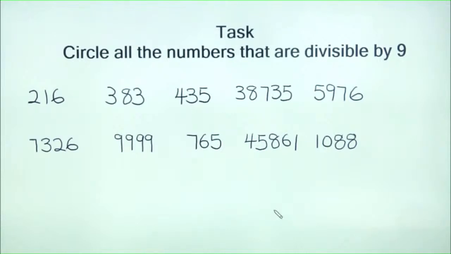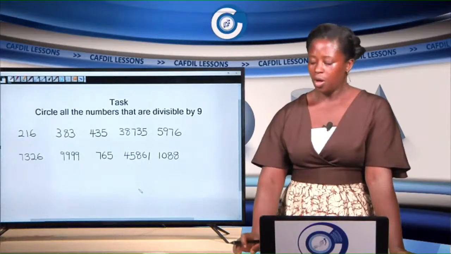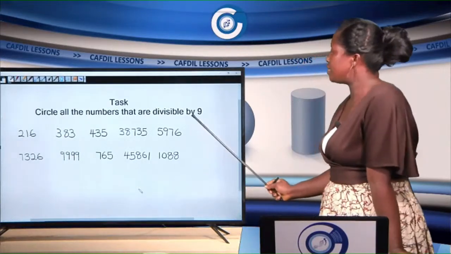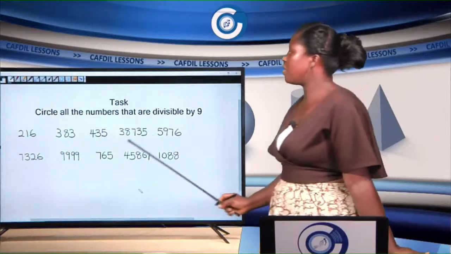Learners, these are the numbers. Circle all the numbers that are divisible by 9. Let's go through again.